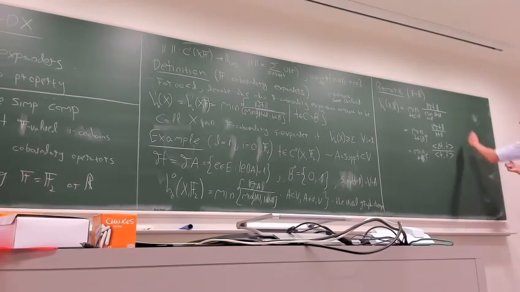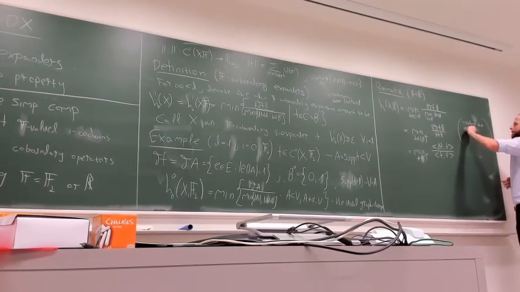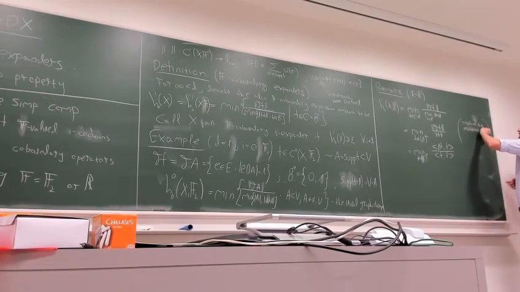The cheat is that for the following step to work, I really need to replace the norm, let's call it the Hamming norm, with the natural norm associated in the real case.